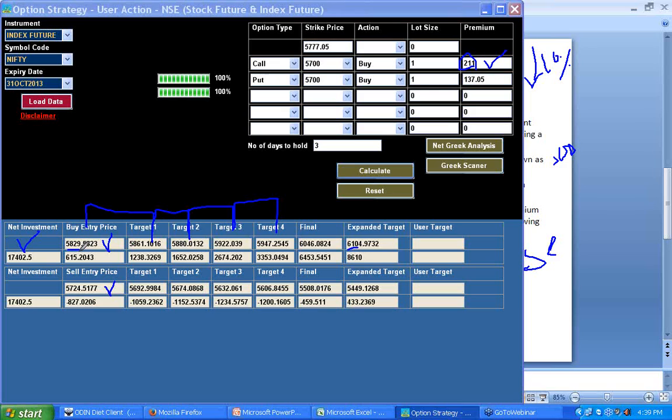At 5829 level you will be gaining 615. At 5861 you will be gaining 1238. Like this, your gain is going to expand if you touch 6105, which is the expanded target set for this 3 days period.